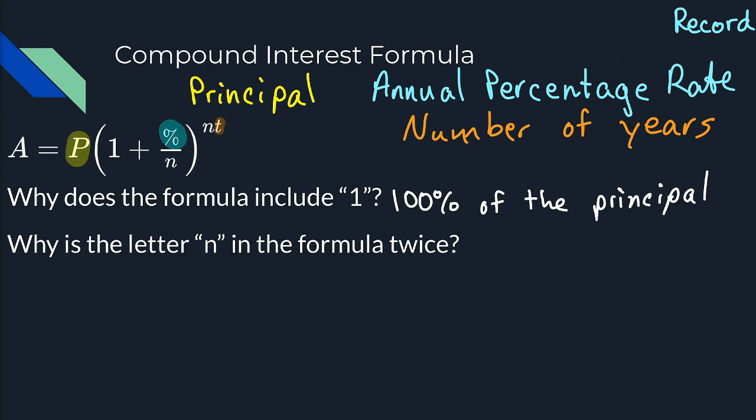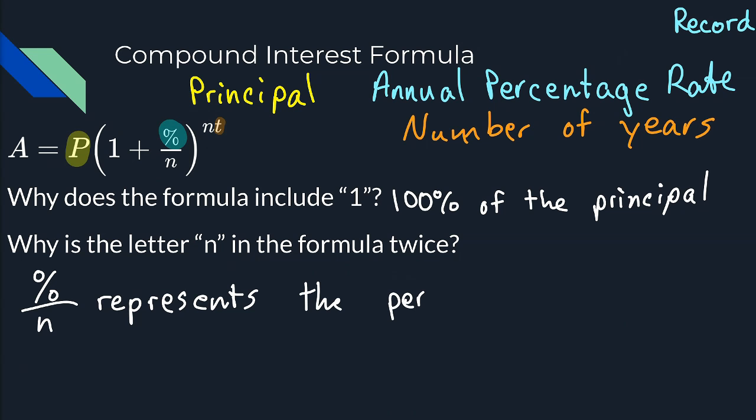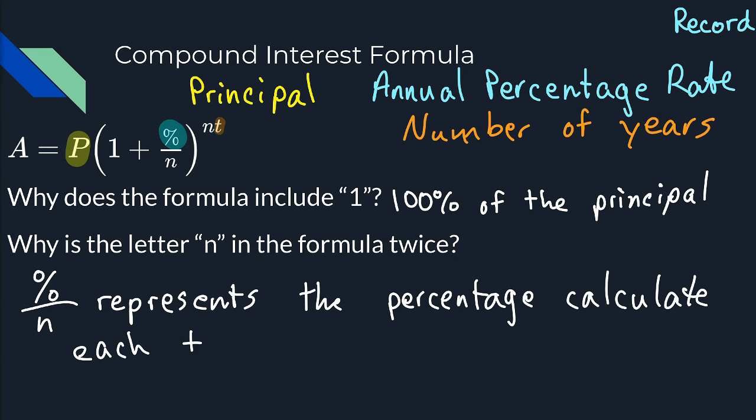So why does the letter N in the formula show up twice? Can anyone tell me why it shows up here the first time? The percent divided by N represents the percentage calculated each time period.